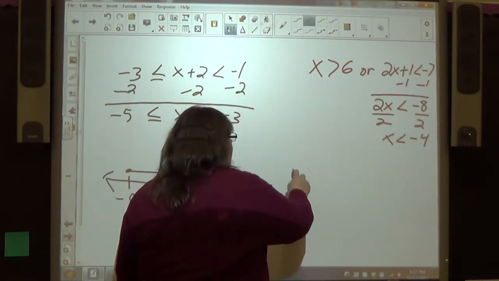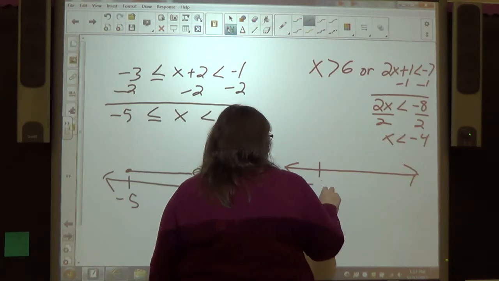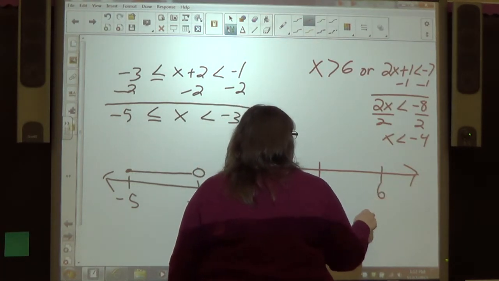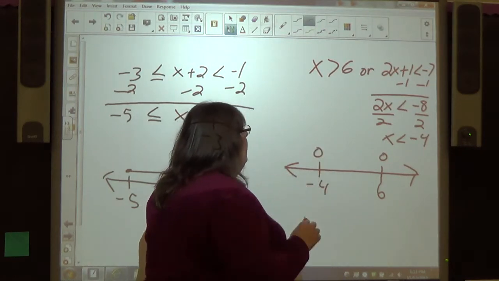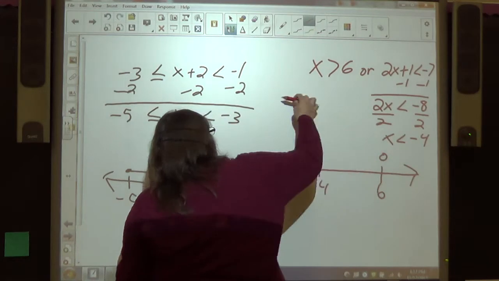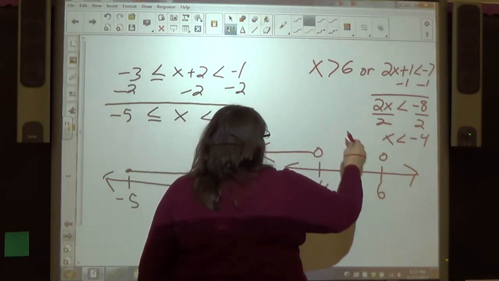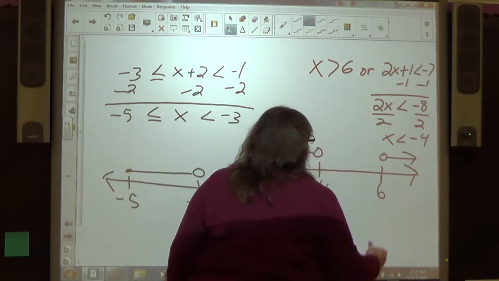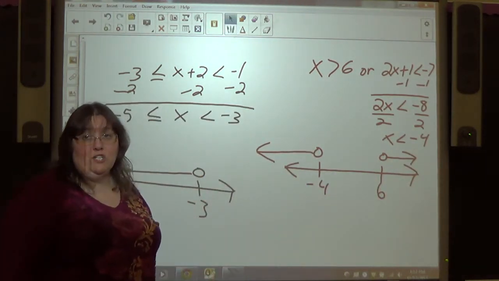All right, so on a number line, here's negative 4, here's 6. I need open circles for both. Negative 4, x is less than it, means left. Okay, x is greater than 6, means right. There's your and your or situations.